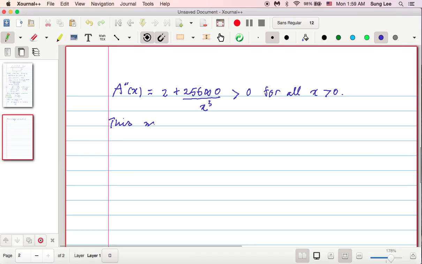This means that by the second derivative test, a of 40 is the absolute minimum.